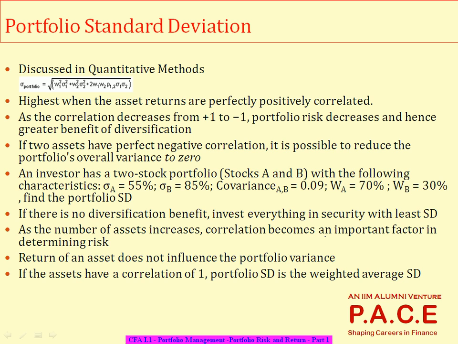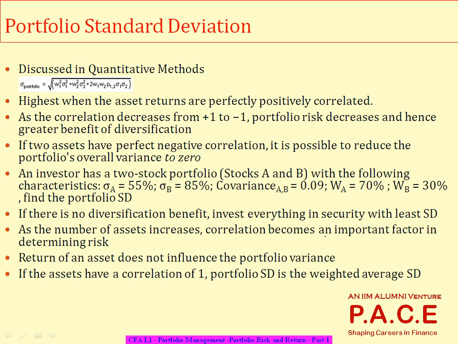And yes, this is the formula which we have discussed even in quant. The variance of the portfolio is W1 squared sigma 1 squared plus W2 squared sigma 2 squared plus 2 W1 W2 times the covariance between A and B. As we have discussed already, if the two securities are fully, highly positively correlated, then there is no diversification benefit.